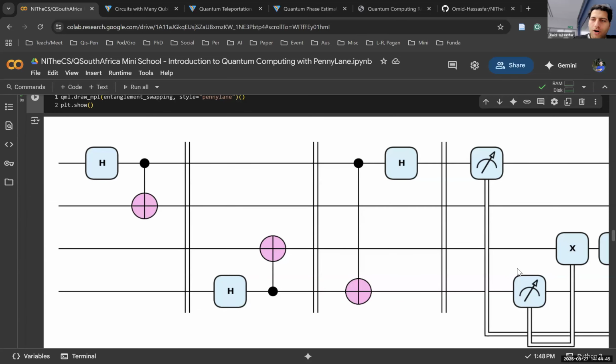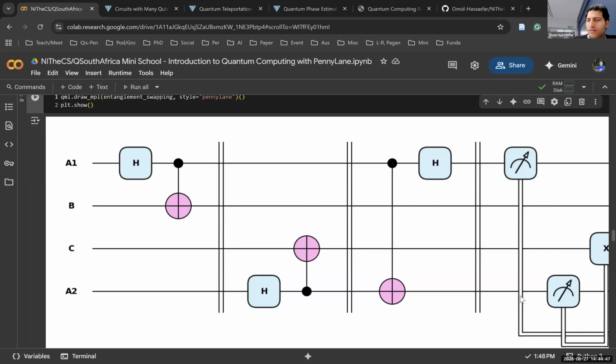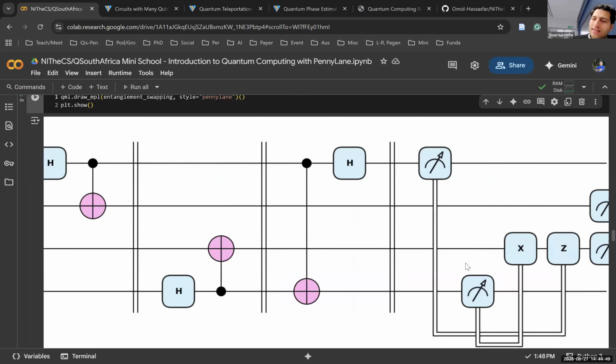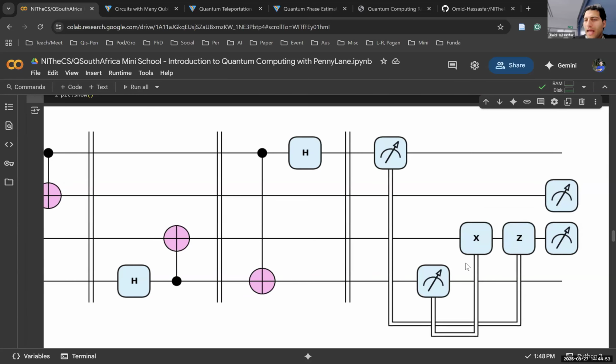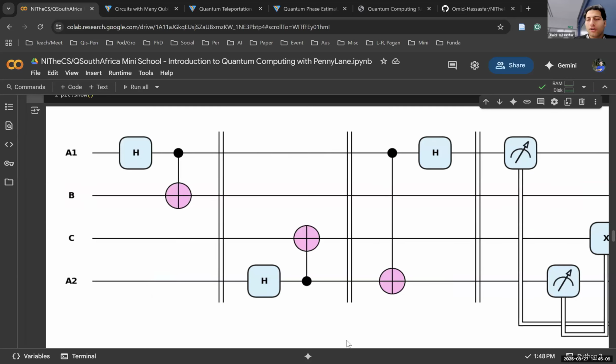Qubits 1 and 4 here belong to Alice, and this is exactly similar to teleportation. When Alice measures her qubits, she can pick up the phone and call Charlie.